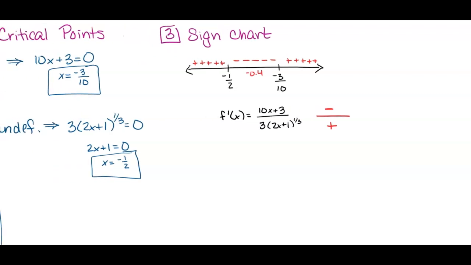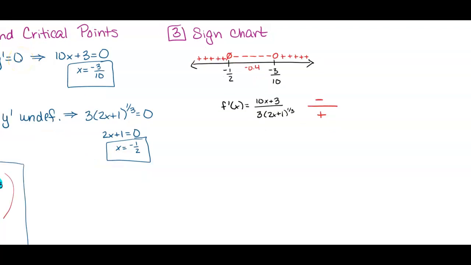All right, so let's see what happened here. When we're at negative 3/10, the first derivative is 0. At negative 1/2, the first derivative is undefined. Now, that's a little weird, but we're going to go with it because we know that sometimes weird things can happen with radicals. They are not as predictable as polynomials.